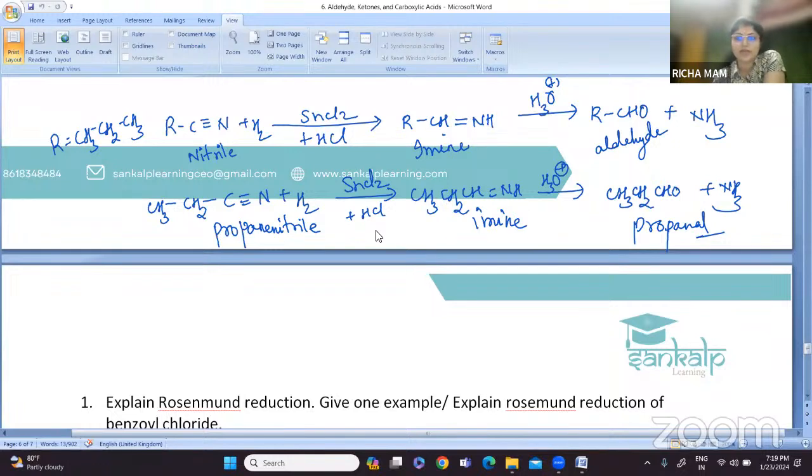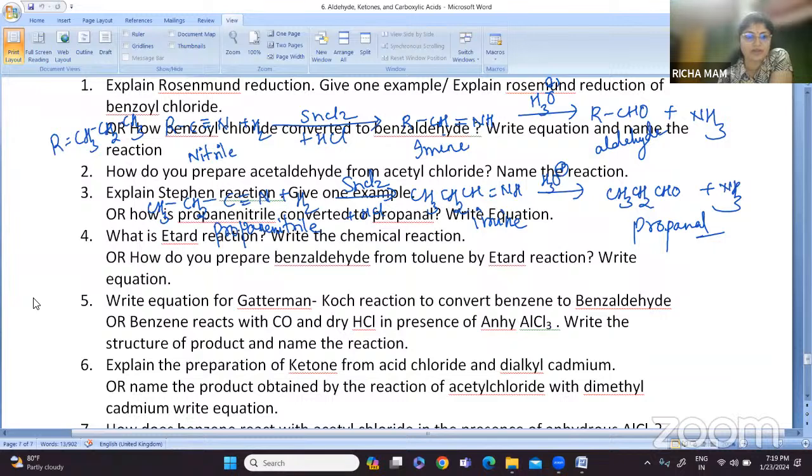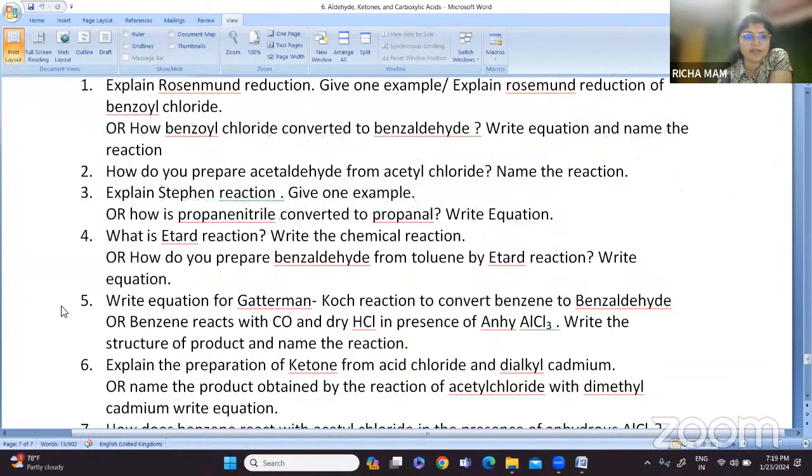This further undergoes acid hydrolysis to give you propanal. This is a Stephen reaction. Fine. Moving forward, next question.